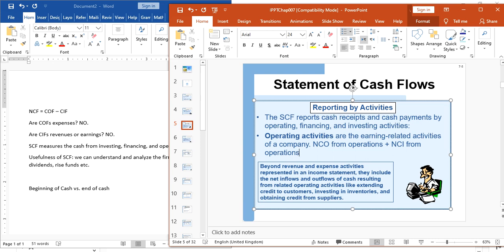As I said, these are not revenues and expenses. These are cash flows. Beyond revenue and expense activities, operating cash results from related operating activities like extending credit to customers, investing in inventories, and obtaining credit from suppliers. So any activities in inventory, suppliers, and customers will be included in the operating activities.